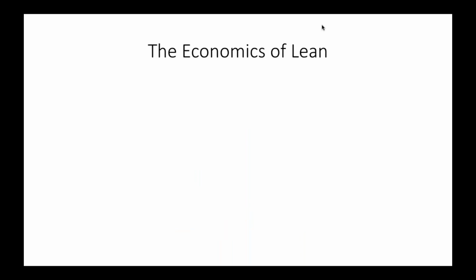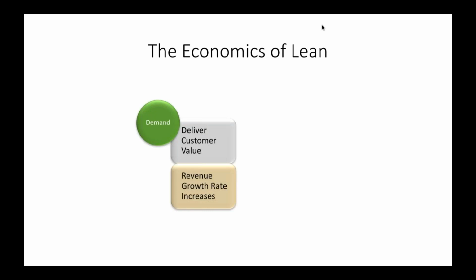The economics of lean. Think of your introductory economics class, supply and demand. Let's start with the demand side. The primary goal of a lean strategy is to deliver value to your customers.